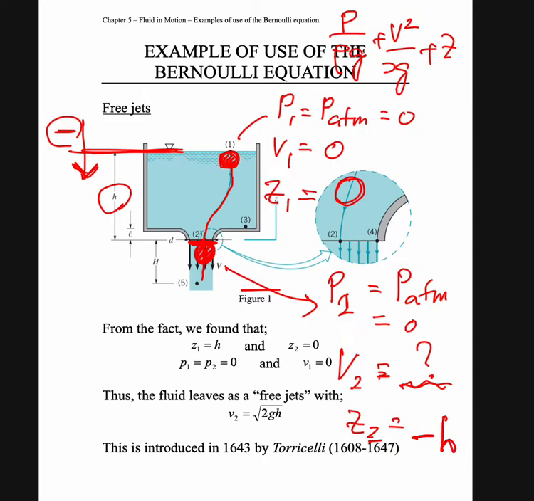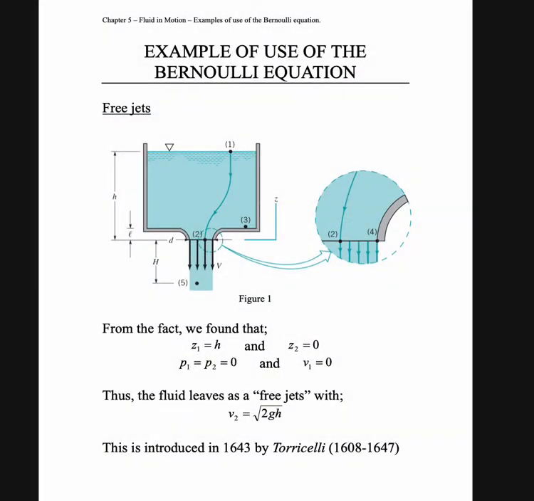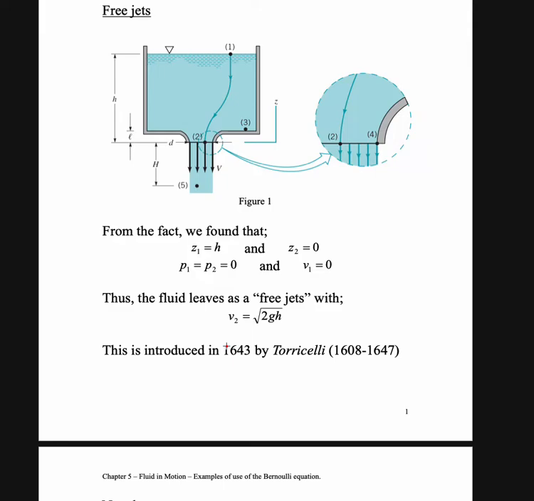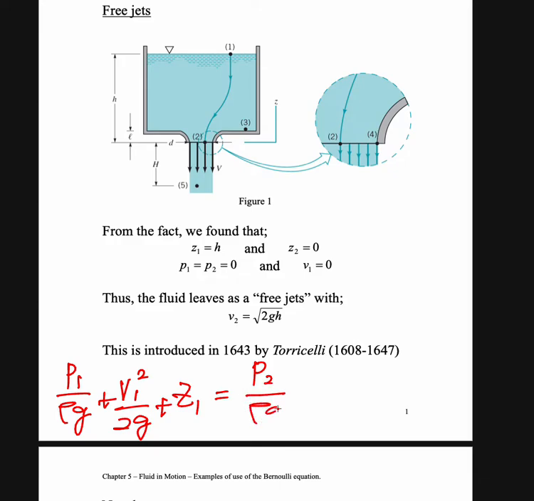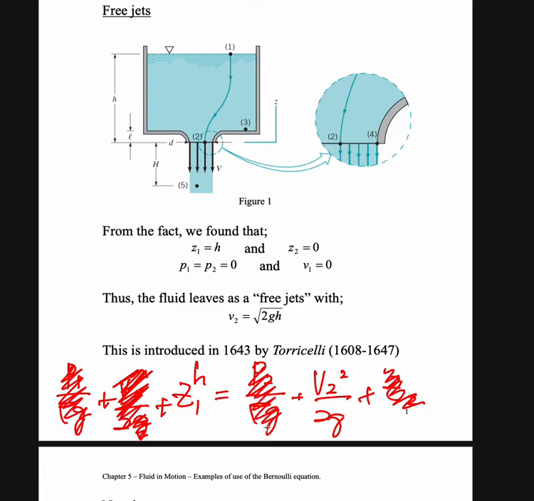After we substitute, let's say we have the Bernoulli equation: P1 over rho G plus V1 square over 2G plus Z1 is equal to P2 over rho G plus V2 square over 2G plus Z2. We assume that Z2 is 0, V1 is 0 and Z1 here is H. Pressure is also 0, because both conditions are exposed to atmospheric pressure.